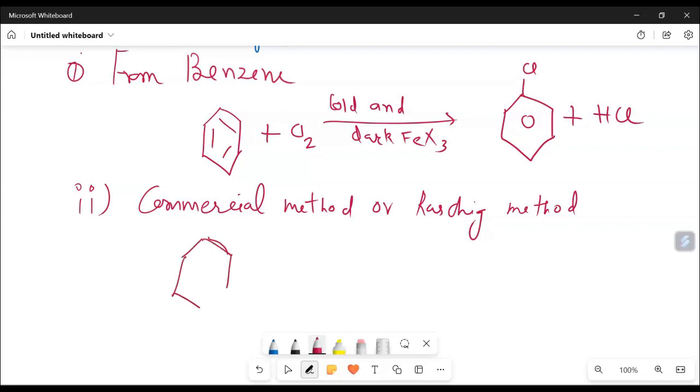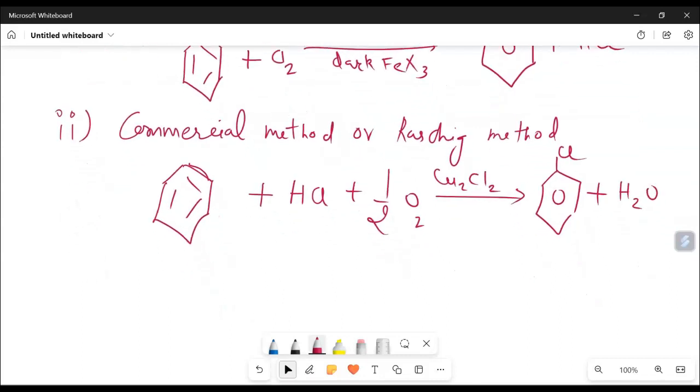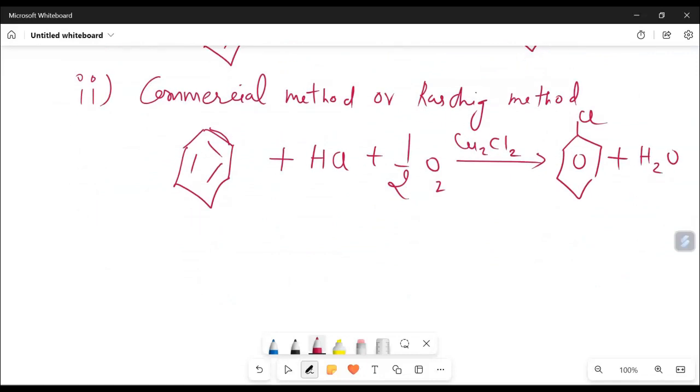Benzene is added with HCl and half mole of O2, in the presence of Cu2Cl2. It will give again chlorobenzene, plus water is removed. This is called the commercial method.